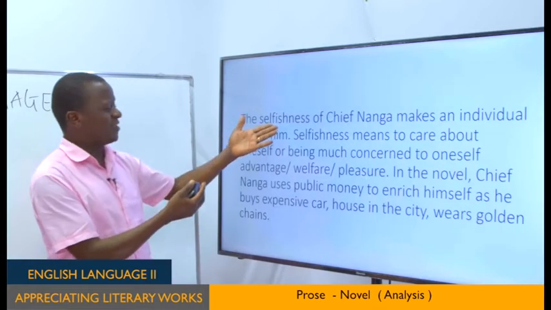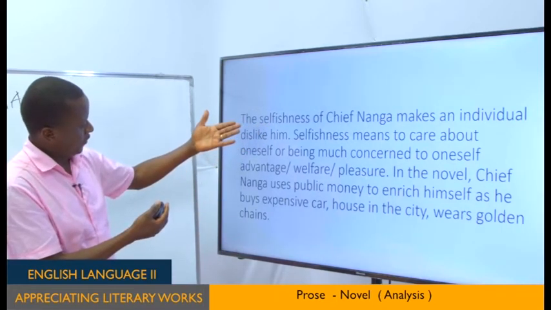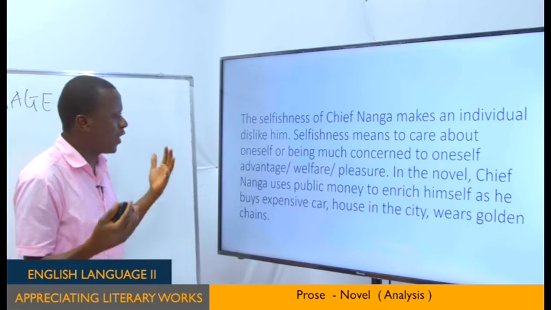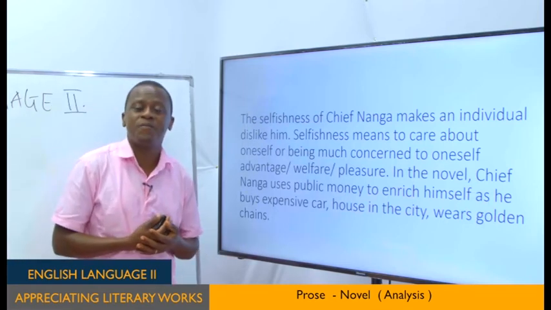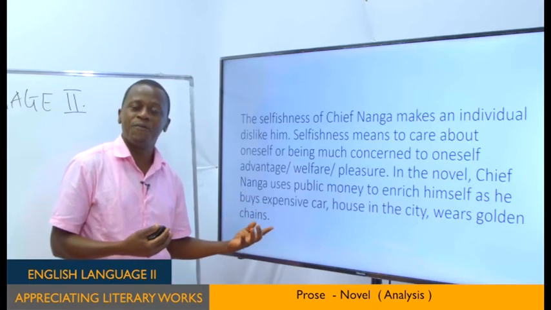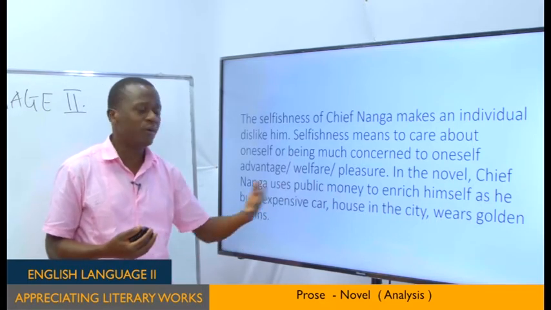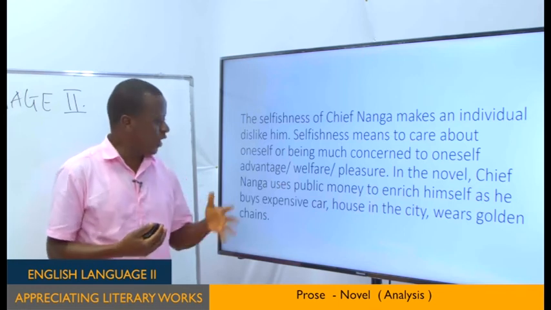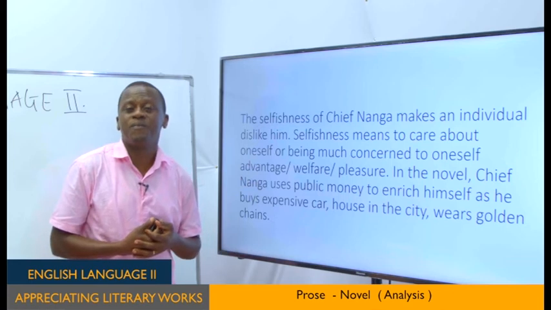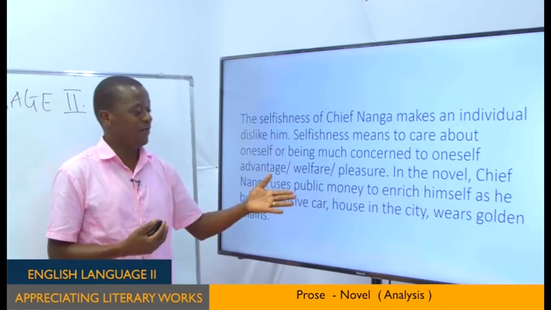But this tendency of being selfish is something that is very bad. Why is this man accumulating wealth for himself? There are people in the hospital who do not even have a Panadol or paracetamol. But this man is very rich.